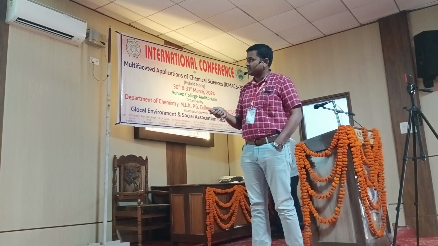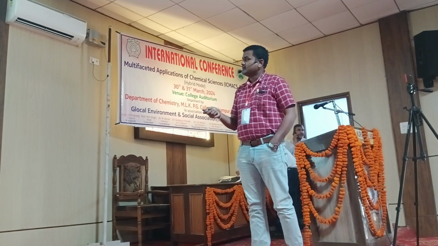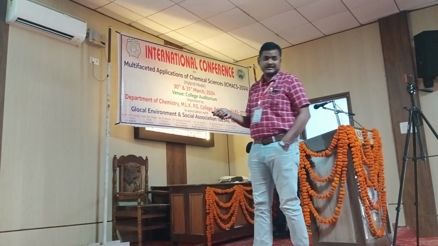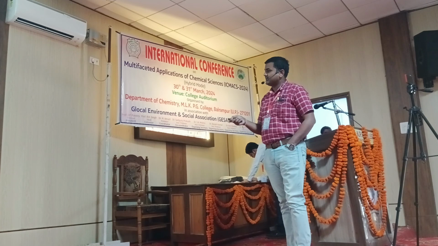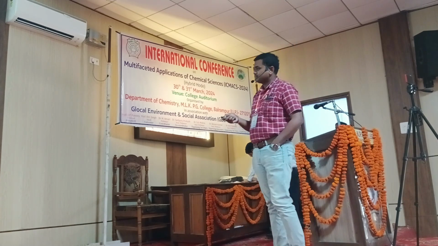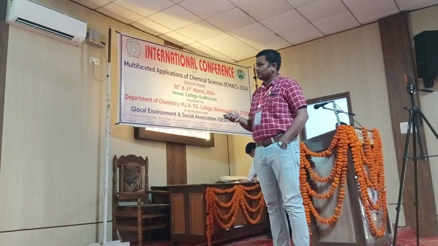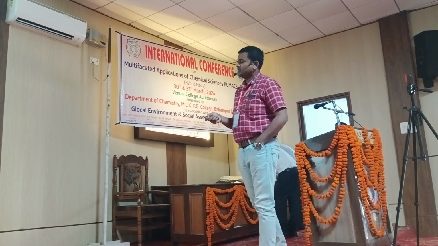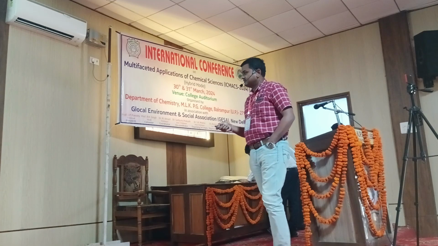From HRTEM we calculated the interplanar spacing, that is 0.35 nanometer, and from XRD analysis we also calculated the interplanar spacing of 0.33 to 0.35 nanometer, with 2 theta at 23.8.